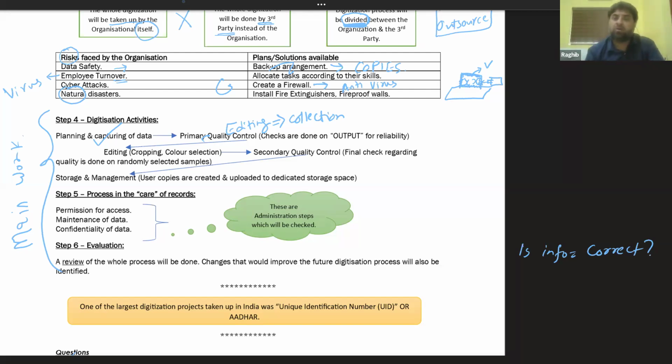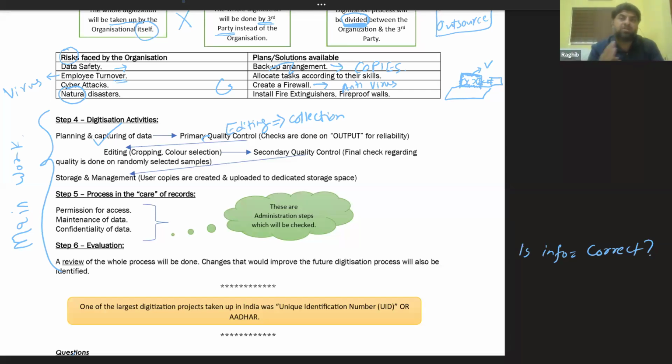Then again, you will check the quality, because right now it is almost ready to go and be stored. So before that, you check again, when you added colors and filters and various other kinds of software and designs to it, did the data lose its originality? Did the data lose its original form?